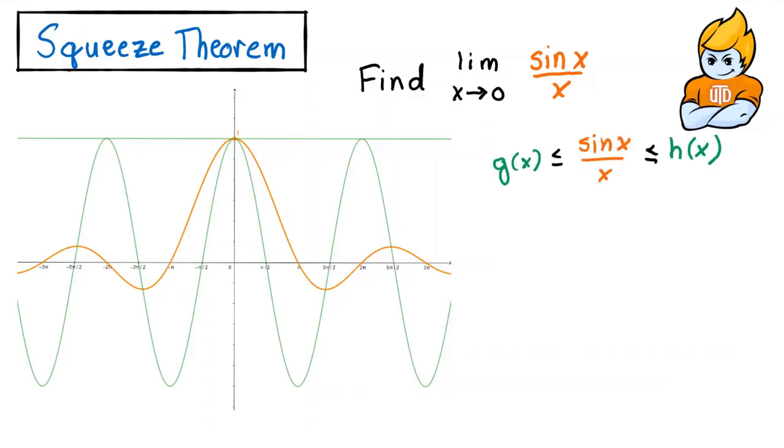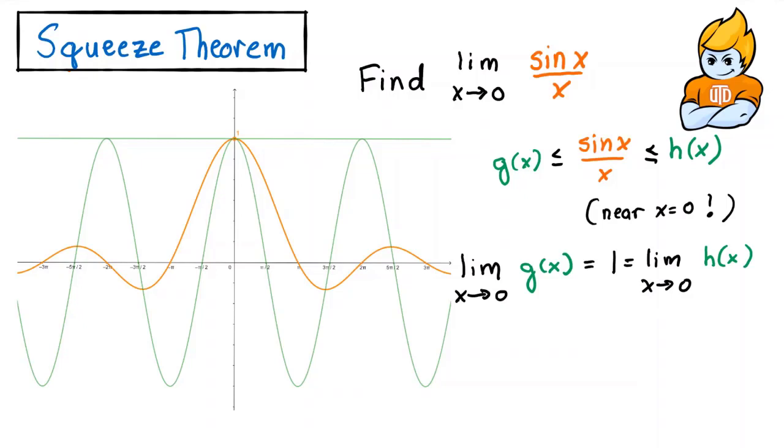We'll use a geometric argument to show that our function is bounded by two functions, and from the graph you might want to speculate on what those functions might be. And as the limit of the two bounding functions is 1 as x goes to 0, we will be able to conclude that the limit of sine x over x as x approaches 0 equals 1. I'll see you in the next video.